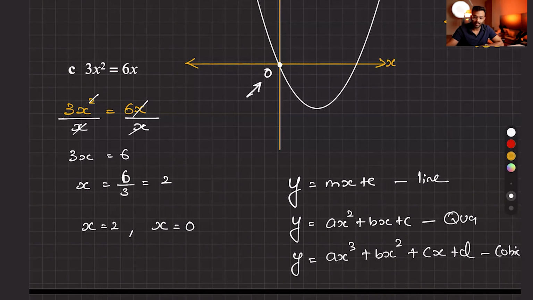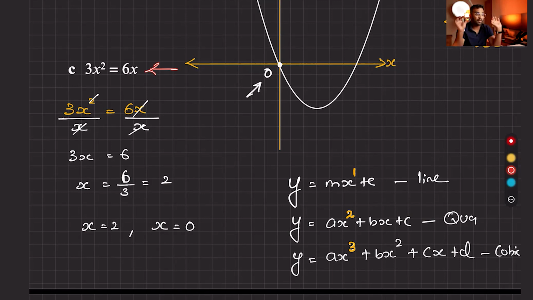Now, it's quite simple to understand this. You see the power of x here, it's 1. The max power of x here is 2. Max power of x here is 3. So if you have an equation with the maximum power being 2, that is a quadratic equation. What is a constant?